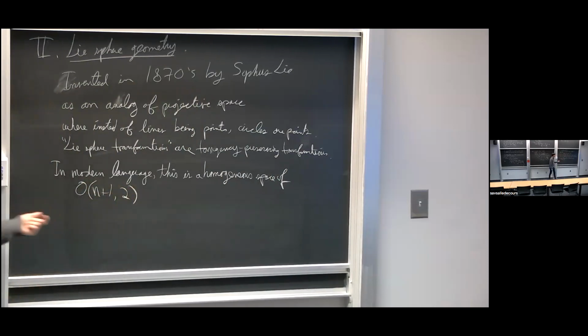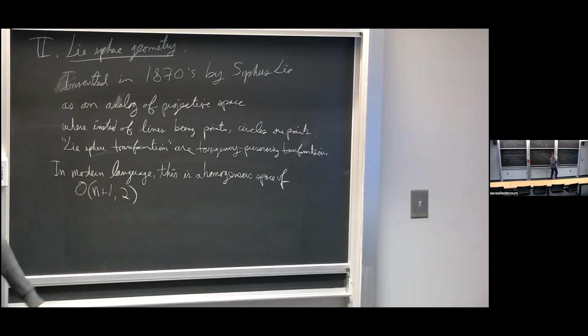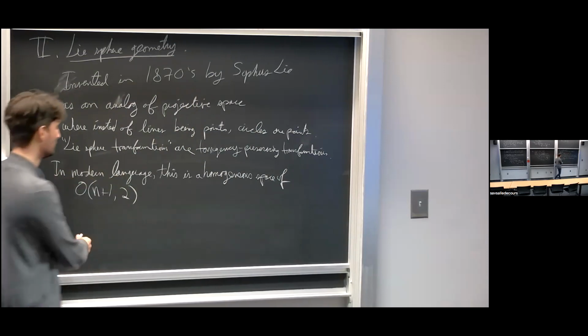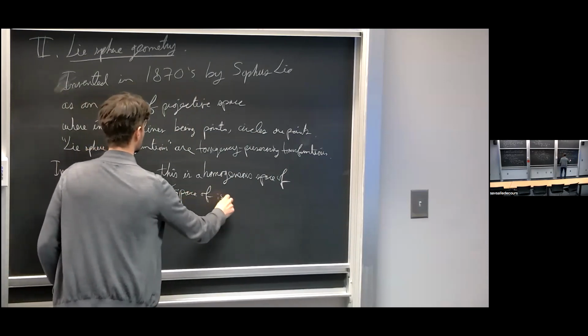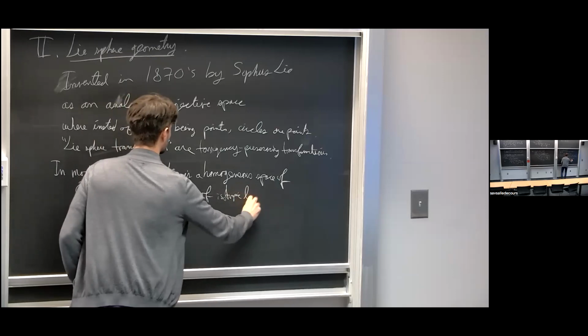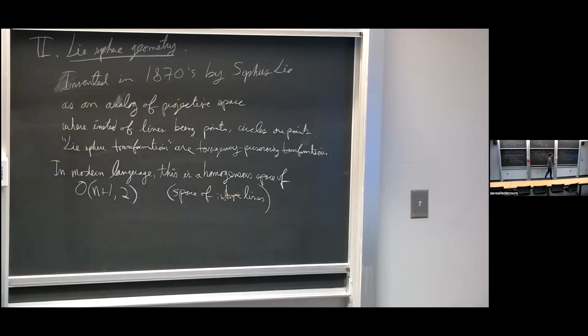It's the space of isotropic lines for the natural action of this group on R^(n+3) with inner product of signature (n+1, 2). But I'm interested in circles, not spheres, so I care about n=2.